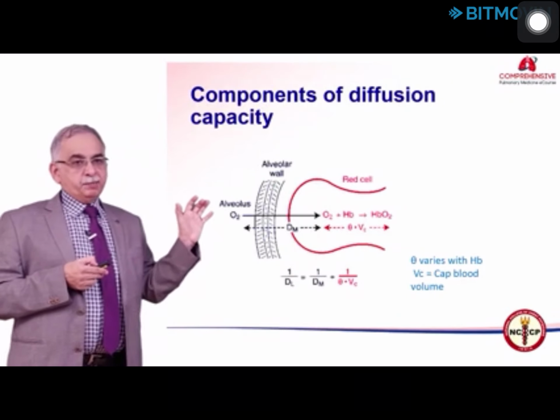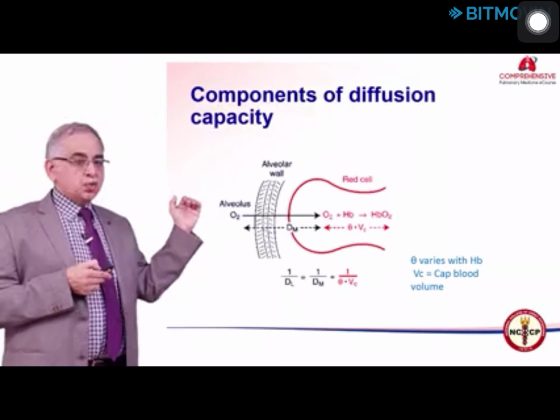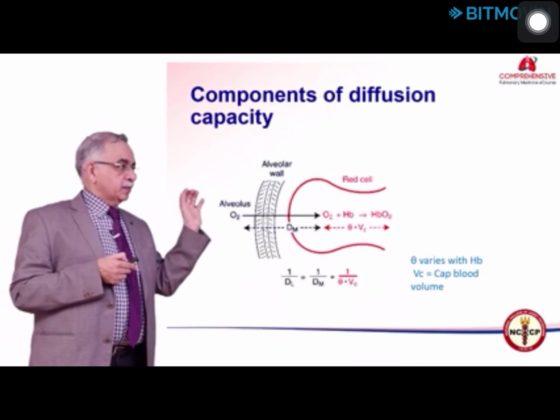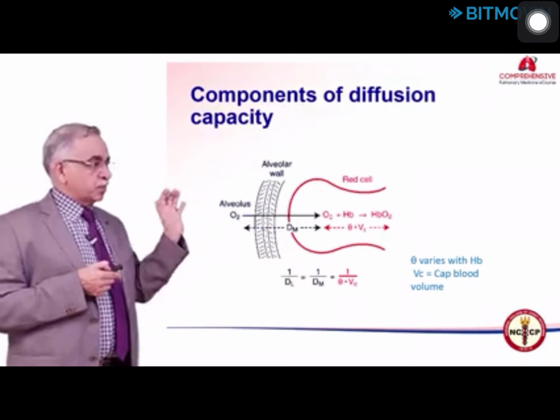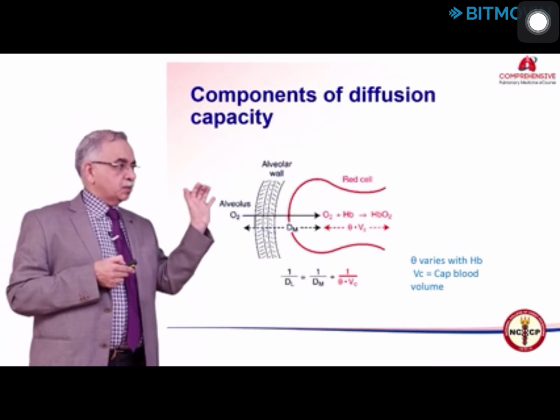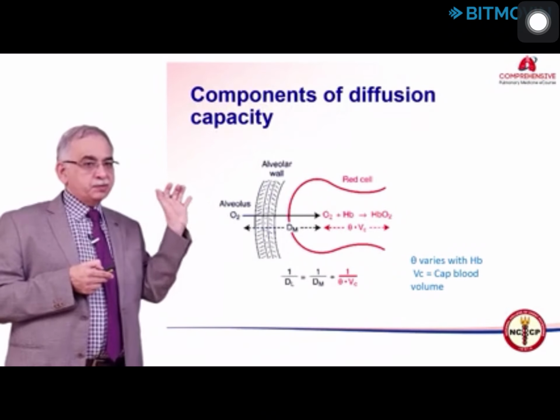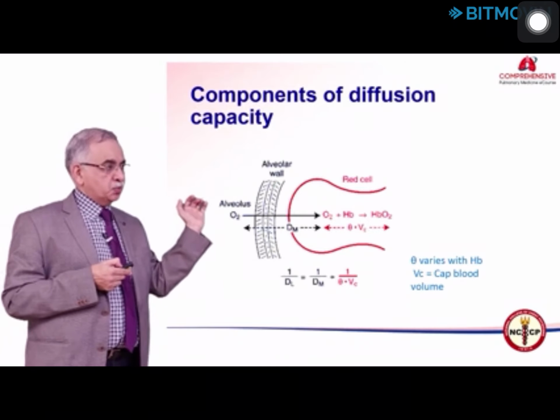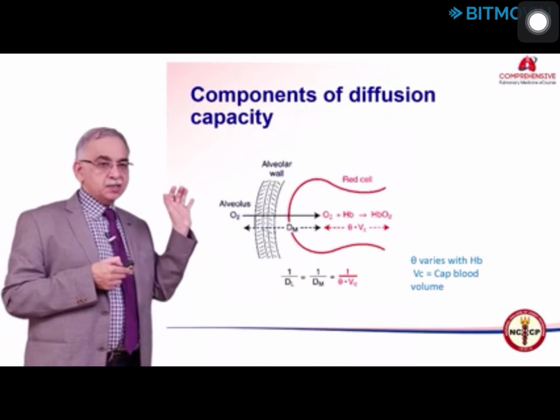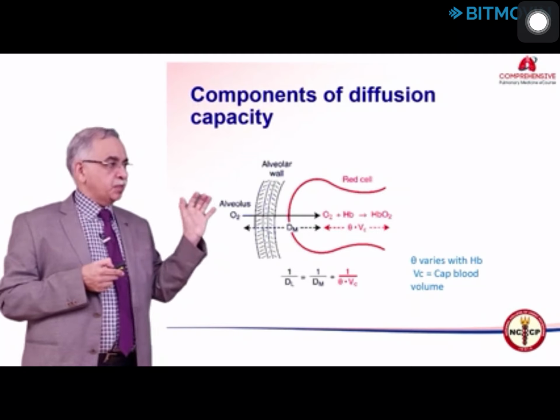The physical path, the length through which the oxygen is diffusing, is measured as what is known as dm, the total diffusion of the physical structure through which the oxygen is transferred. So, that is the dm, or the diffusion capacity of the membrane.